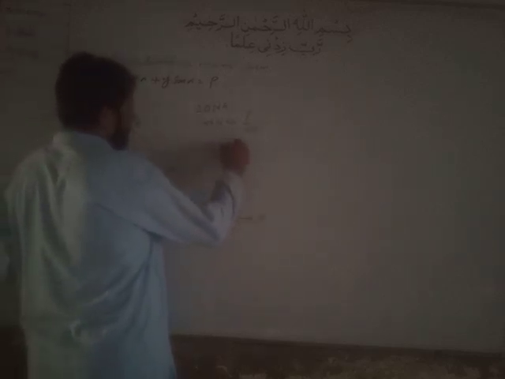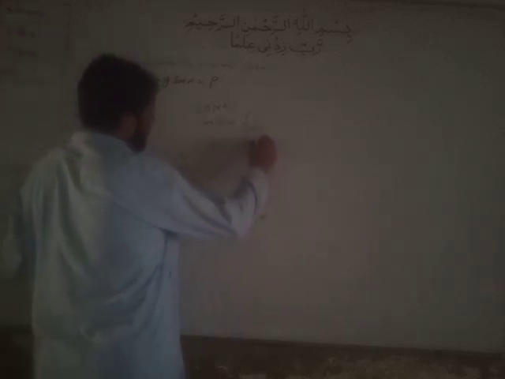So we can say cos alpha. Cos means base side upon hypotenuse. So this is the base side and this is the hypotenuse. So we can say p upon hypotenuse, which is OA. So p is equal to OA into cos alpha.